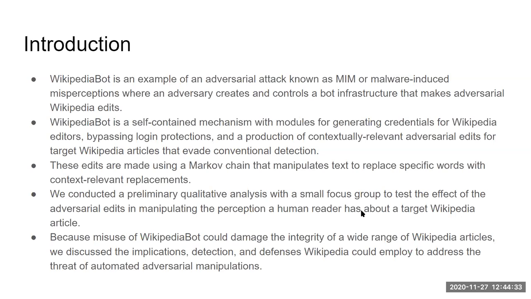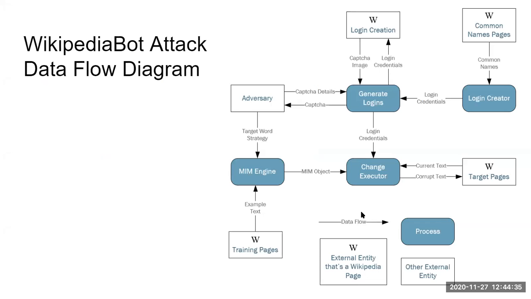Okay. So WikipediaBot is an example of malware-induced misperception that is intended to sort of alter the target's reality, so that when they research information about a topic, that information aligns with the adversary's worldview, to make it so that the target is doing and experiencing the world that the adversary wants.